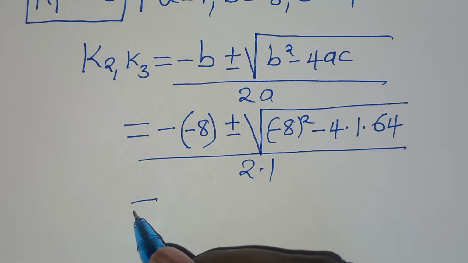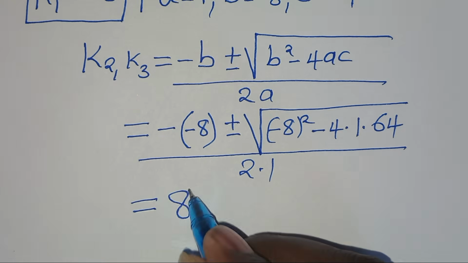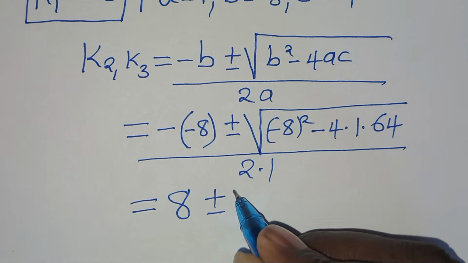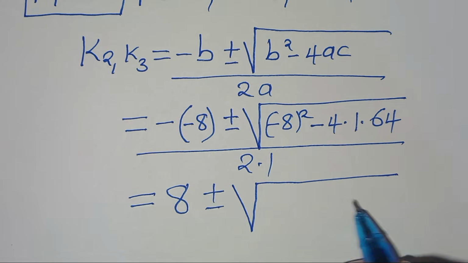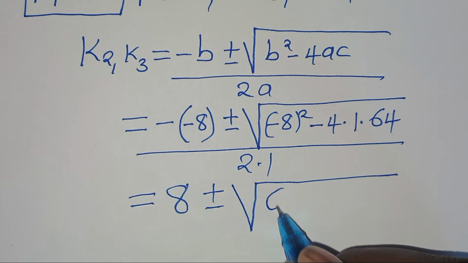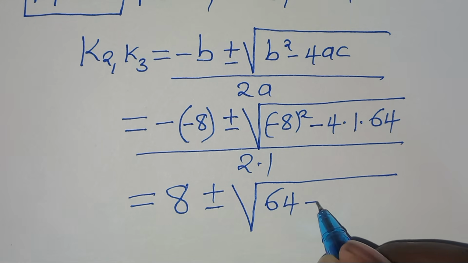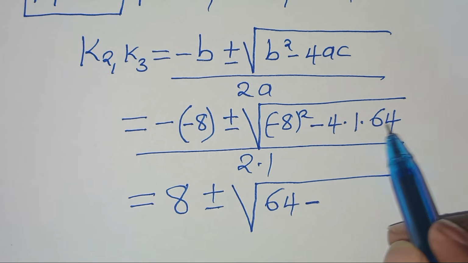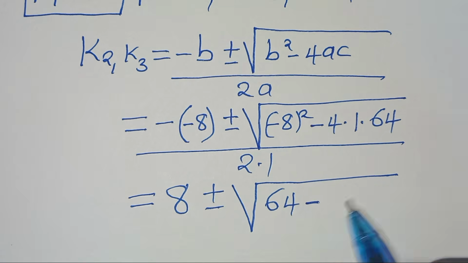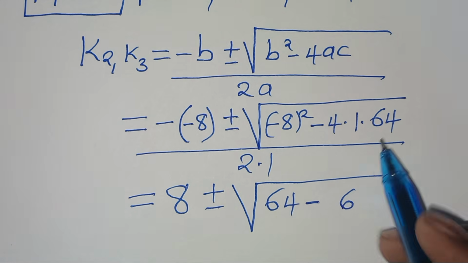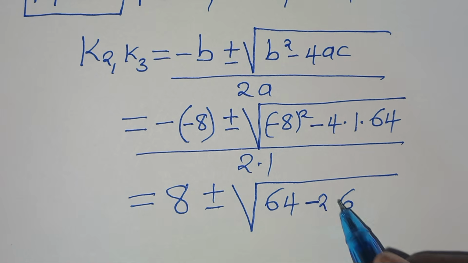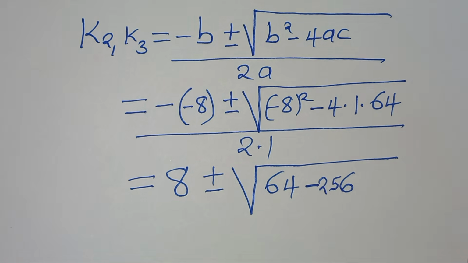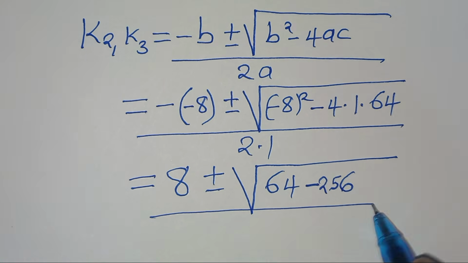So this implies that negative times negative 8, this is 8 plus or minus the square root of (negative 8) squared. This is 64 minus, now 4 times 64. This is 4 times 4, which is 16. Carry 1. Then 6 times 4 is 24, then plus 1, 25. So we have 256 here divided by 2.